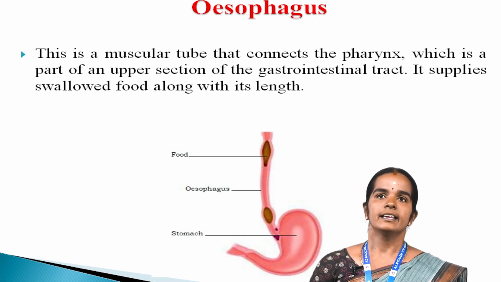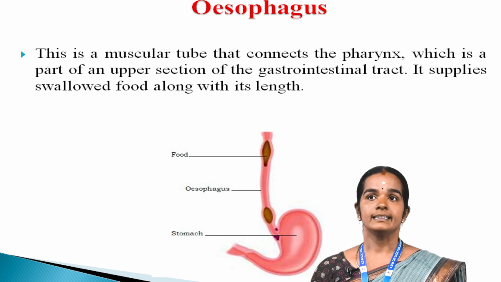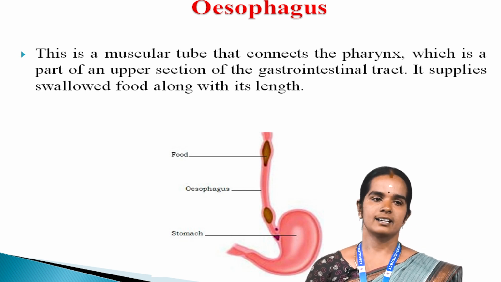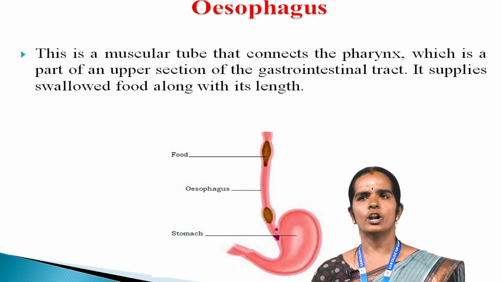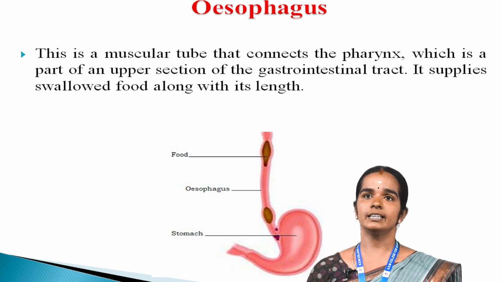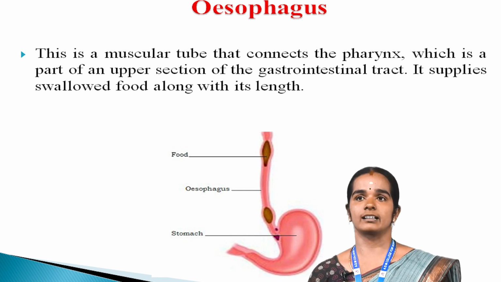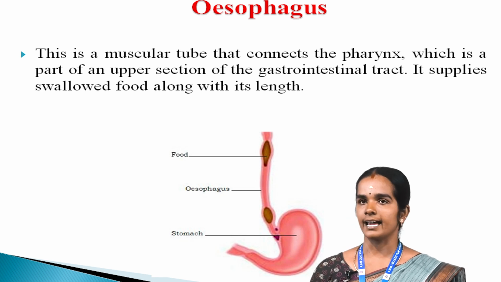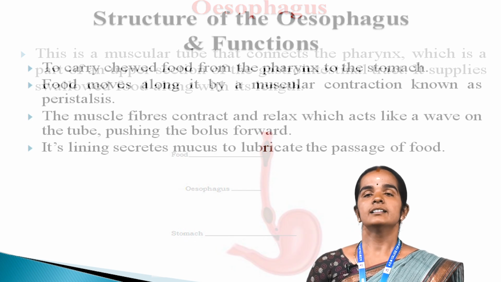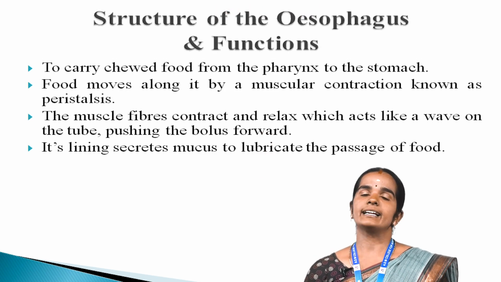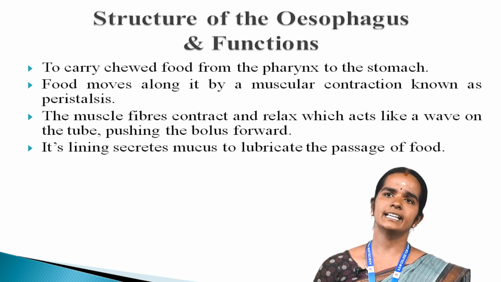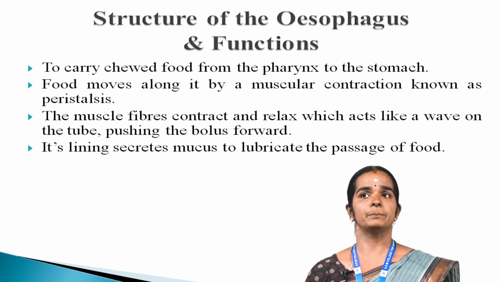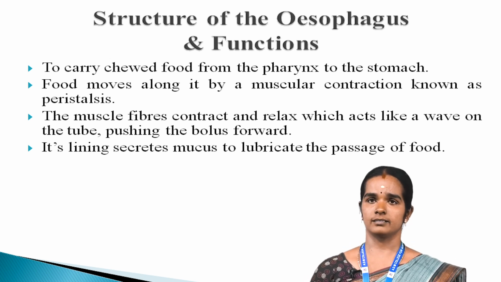Esophagus. This is a muscular tube that connects the pharynx, which is a part of the upper section of the gastrointestinal tract. It supplies swallowed food along, away from the lungs. This is the structure and function of the esophagus. To carry chewed food from the pharynx to the stomach.